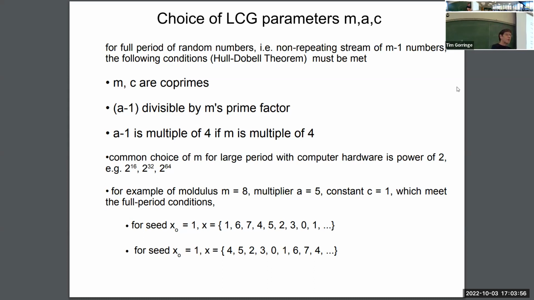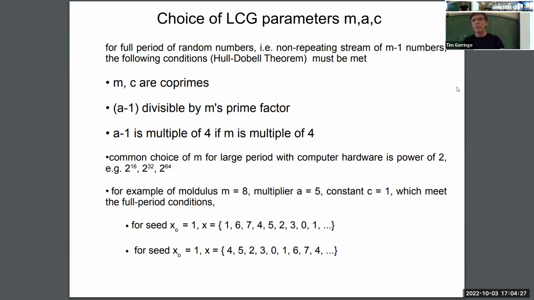So supposing I was picking 2 to the 16, 2 to the 32, 2 to the 64, my prime factor would be a 2. And so a - 1 must be divisible by 2. So I could have 3 for a, I could have 5 or 7, or, in reality, some big number that a - 1 is divisible by 2.